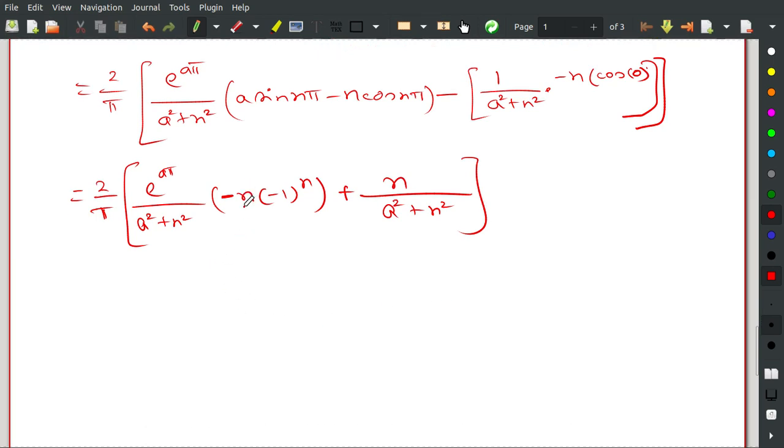If we see, we have n over a square plus n square in both, so we can take this out common.